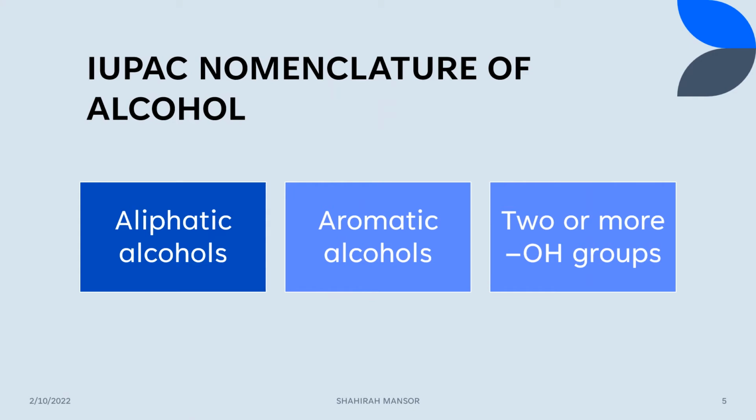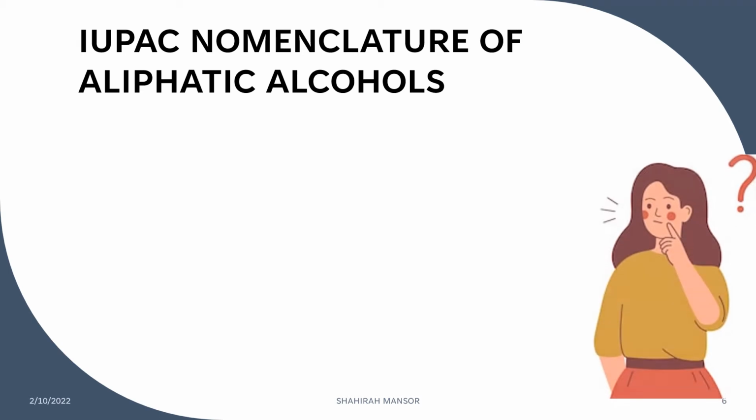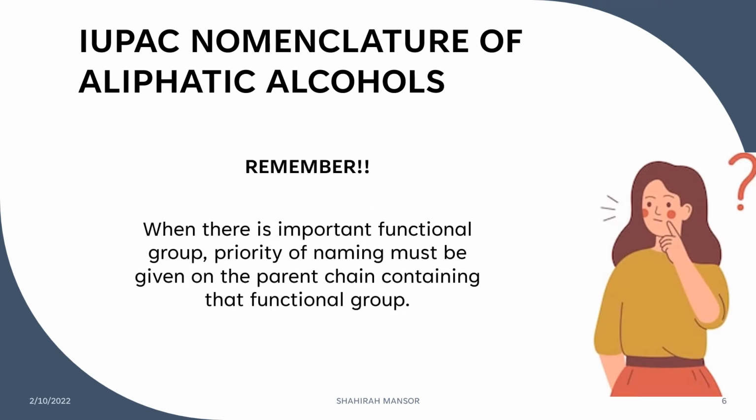For IUPAC nomenclature of alcohol, we are going to name aliphatic alcohols, aromatic alcohols, and alcohols that have two or more hydroxyl groups. So, as usual, apabila kita ada important functional group, priority of naming must be given to the parent chain containing that functional group.